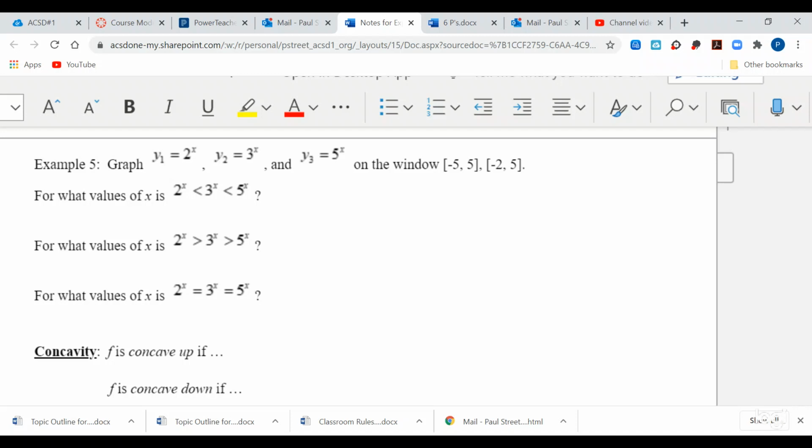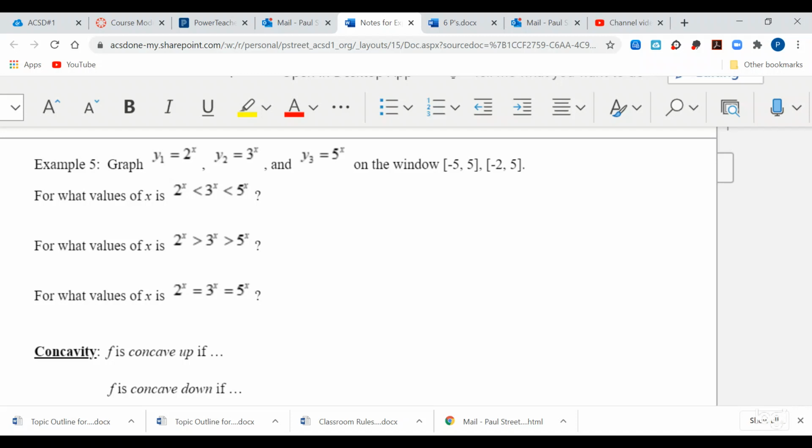So we should be seeing then that on the y-axis, they're equal to each other. To the right of the y-axis, my 3 to the x graph is above the 2 to the x graph. So it is growing bigger, faster, the 3 to the x than the 2 to the x. But to the left of the y-axis, the 3 to the x graph lies below the 2 to the x graph.